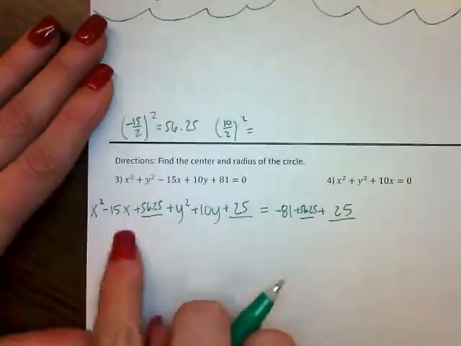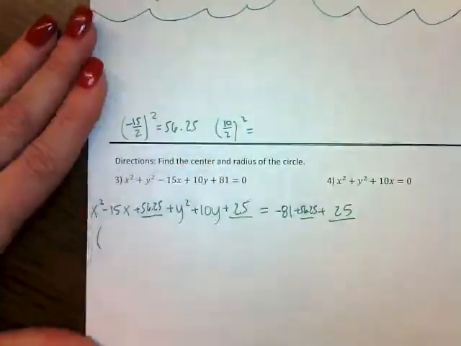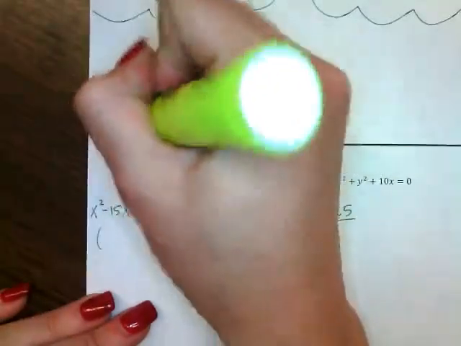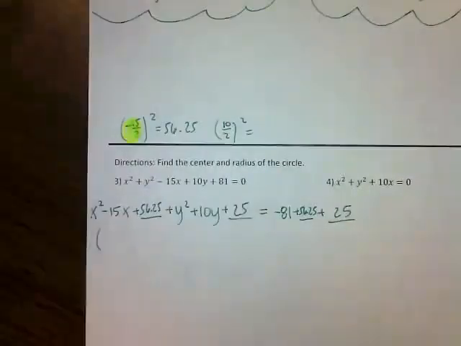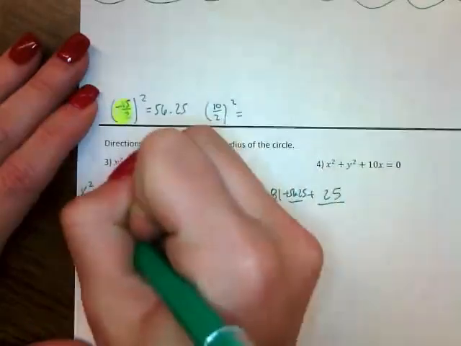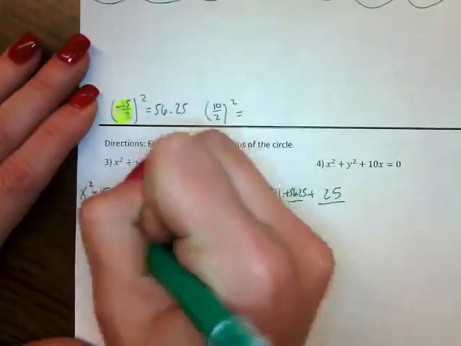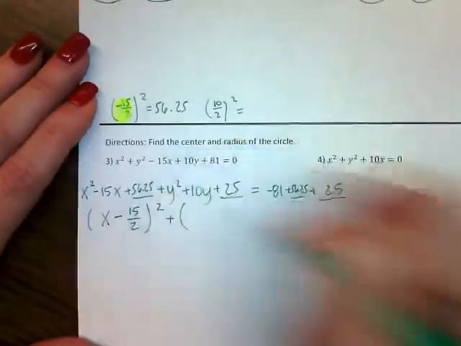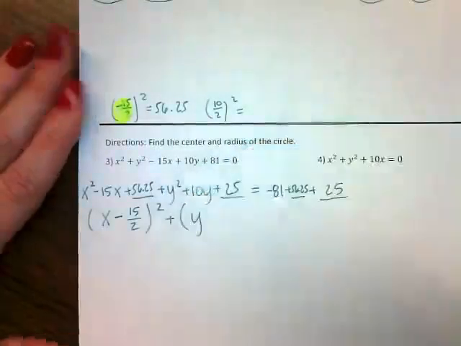Okay, I can factor this piece right here. Remember, the shortcut for coming up with this factor is just looking at b divided by 2. So this factor is going to be x minus 15 halves squared plus y.